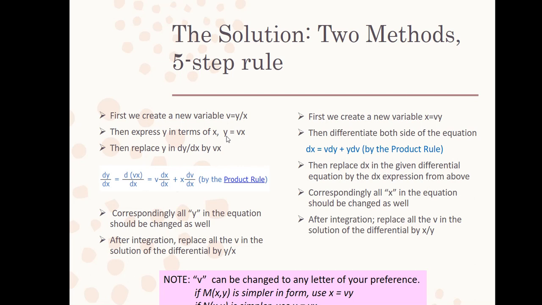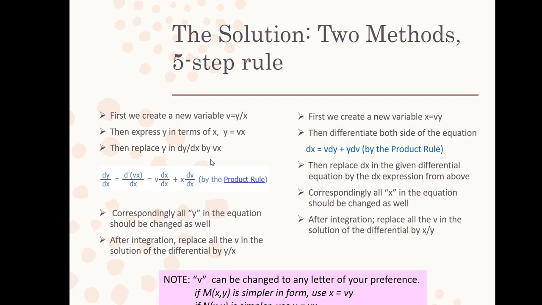Now, with this relationship between x and y, we will go back to our given DE and replace all the y's that you see in the equation by vx. What do I mean? The y in the dy/dx you will change to vx, and the y that you see in your DE, that's the fourth procedure, you also change to vx.